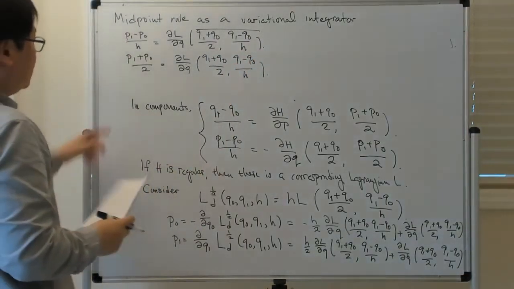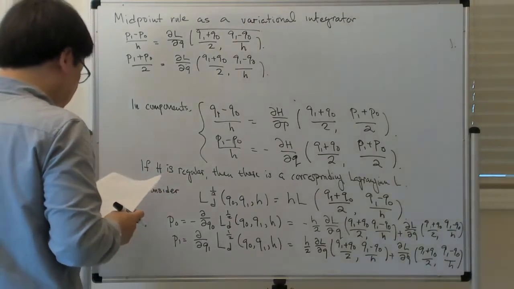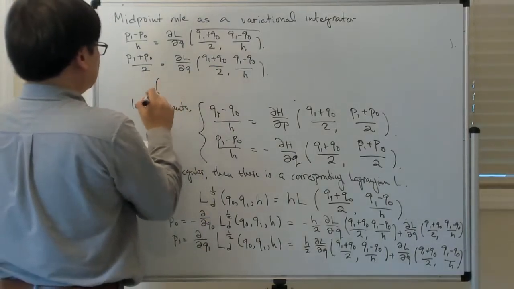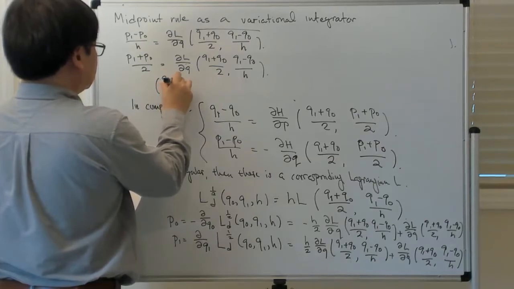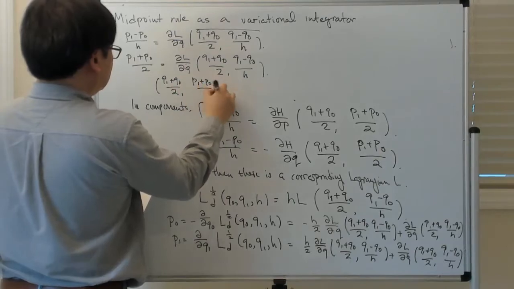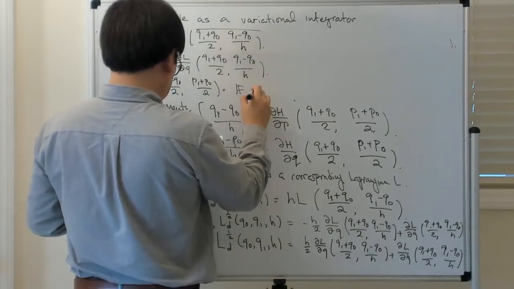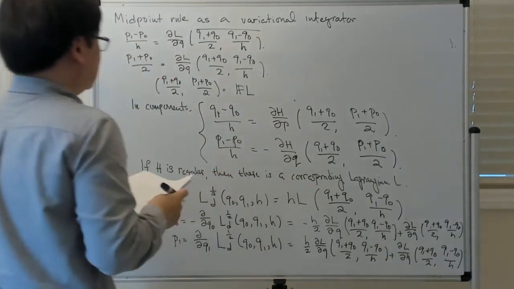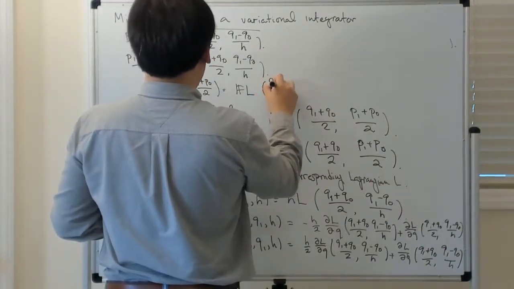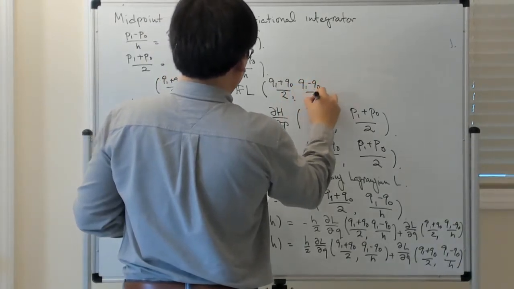Okay, so the second equation is a statement about the fiber derivative, right? So the second one basically says that (q1 + q0)/2, (p1 + p0)/2 is equal to the discrete fiber derivative, sorry, not discrete, the continuous fiber derivative, right, because it's this dL/dq dot applied to (q1 + q0)/2, (q1 - q0)/h.